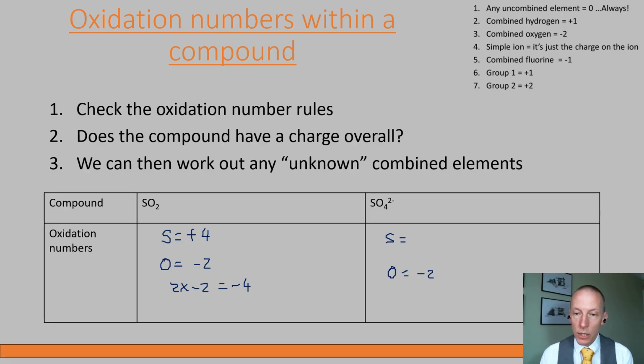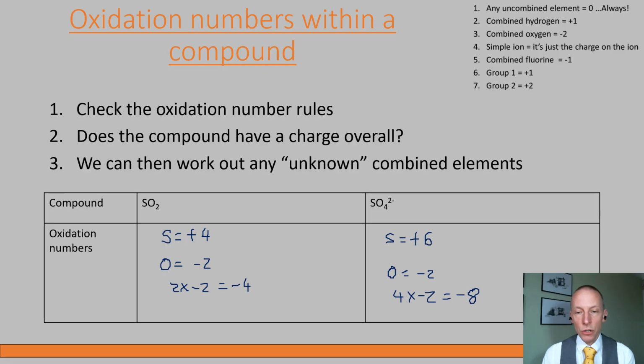So what we need to do is look at what the overall negative component for that element will be. We have 4 oxygen atoms, each with a -2 oxidation state. So that means the overall negative component for that molecule is -8. Overall, the charge is -2. So to partially balance that negative charge, the sulfur is going to be +6.